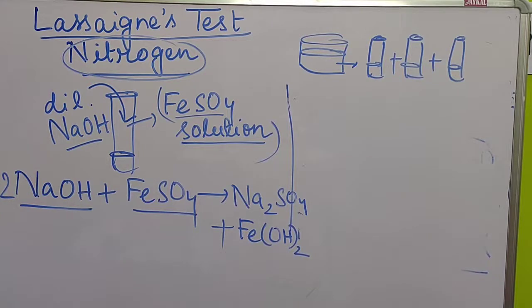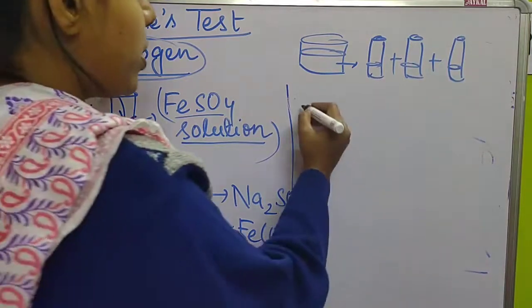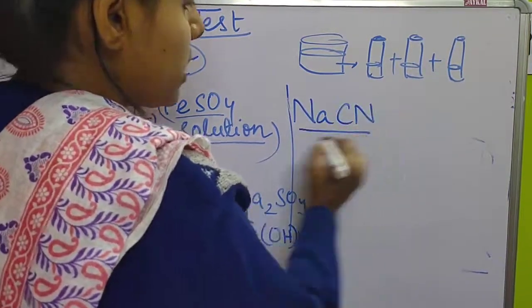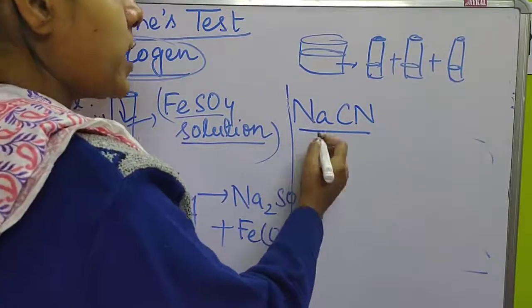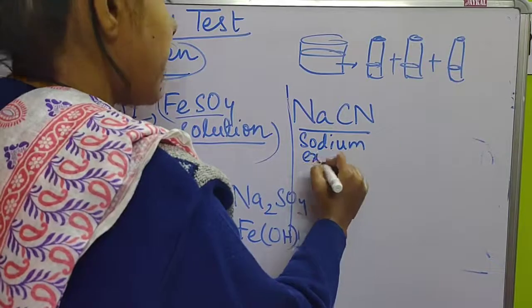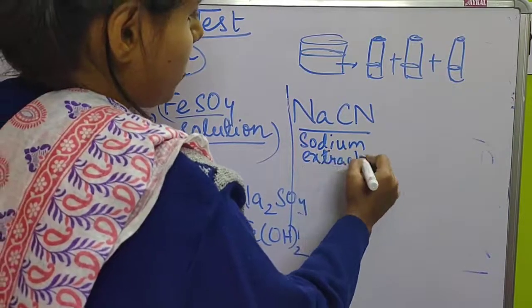Now this ferrous hydroxide will combine with that sodium cyanide. That one I have written here, that sodium cyanide, which we are getting from the sodium extract if it contains nitrogen and carbon.